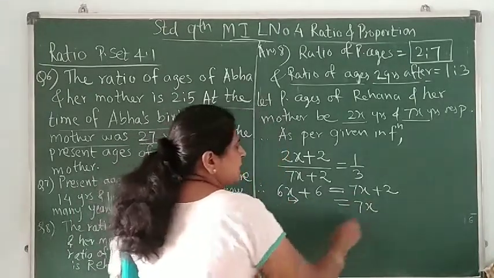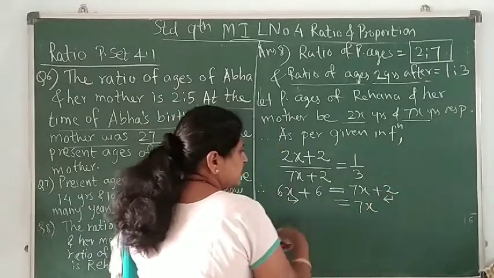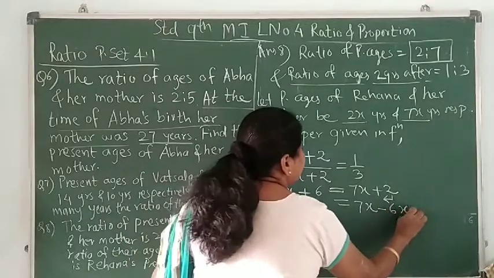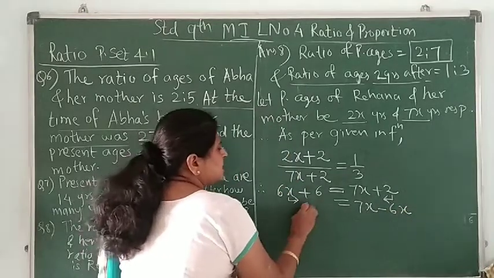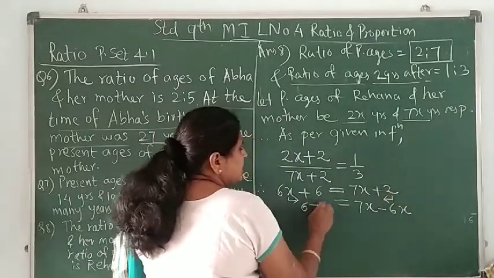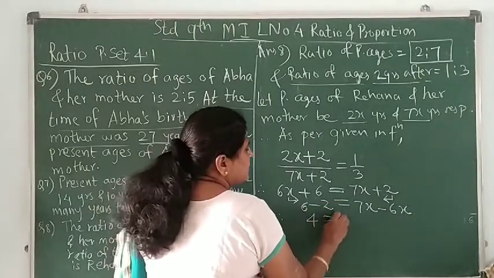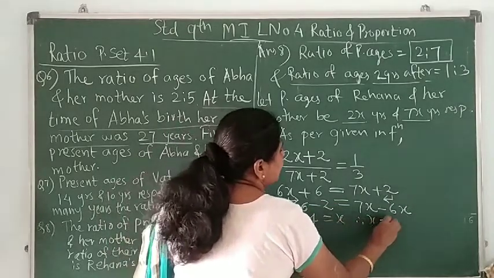Transpose this 6x, and then transpose this 2 to this side. Taking 6x here, which is positive, it will become negative, and this 2 comes here as minus 2. So 6 minus 2 is going to be 4, which is equal to x. That is, x is equal to 4.